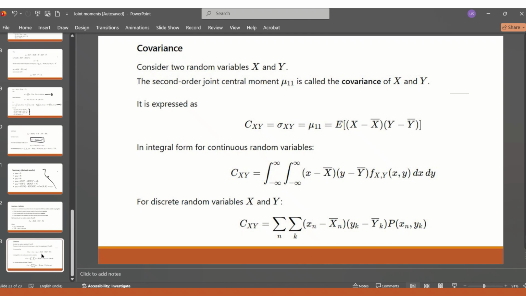In integral form for continuous random variables, Cxy is equal to the double integral from minus infinity to infinity of x minus x bar into y minus y bar along with its joint density function. For discrete random variables x and y, Cxy is equal to the summation over n, summation over k, of x n minus x bar into y k minus y bar into p of x n comma y k.